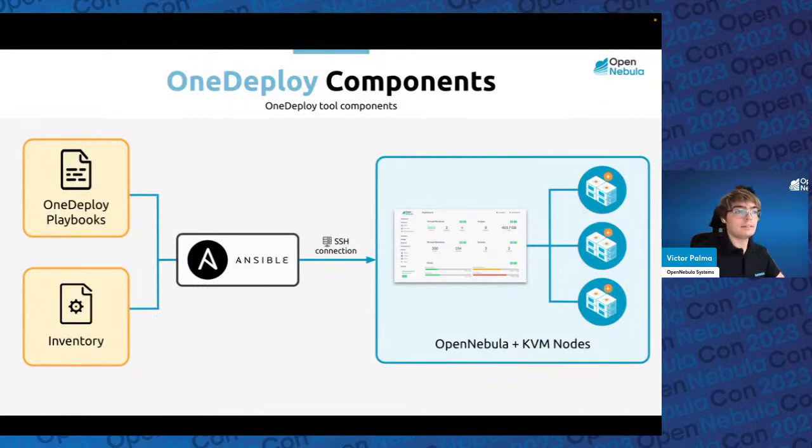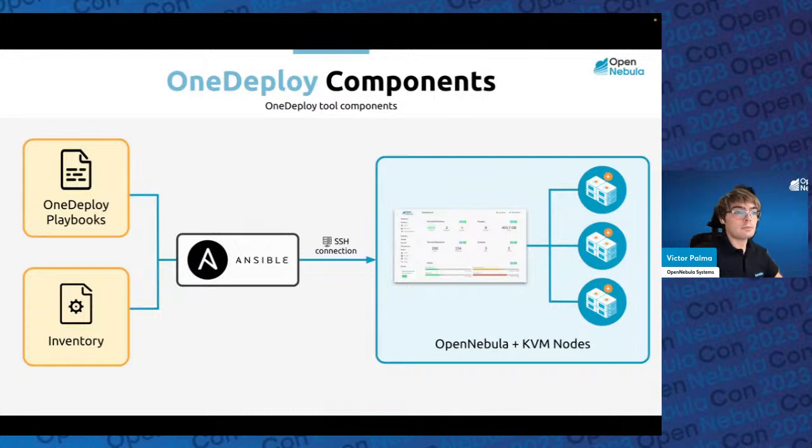So first, let's start with the basics. What components are part of OneDeploy? Like in any Ansible playbook, we have mainly two components. The first one is a playbook where all the tasks we are going to perform are included, and the second one, an inventory where all the variables and data associated with our infrastructure are included.